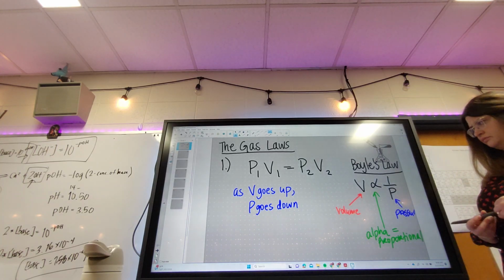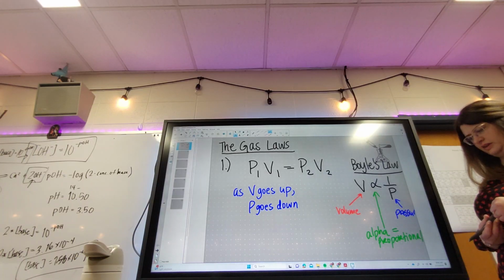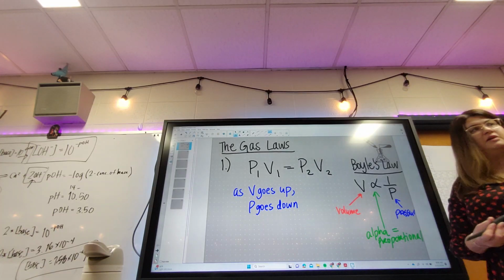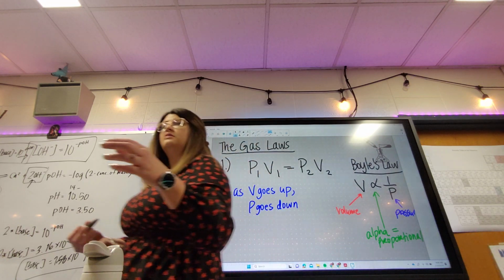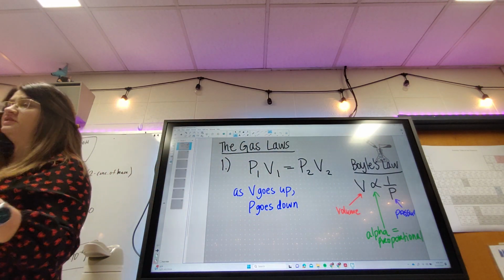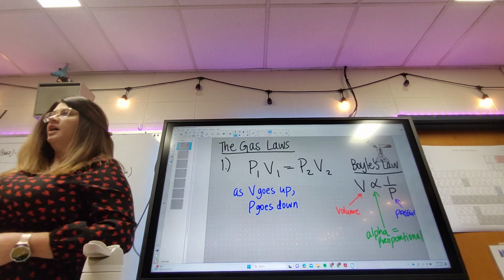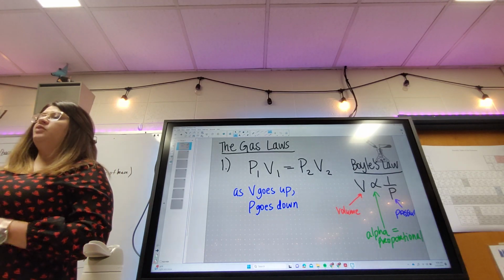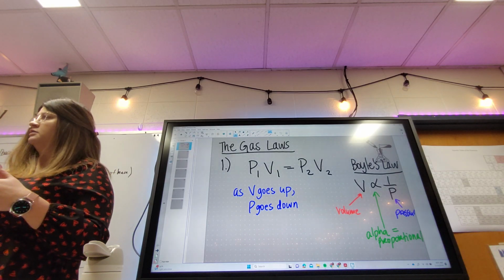So let's see, I'm trying to think of a real life example of this. Okay, so imagine your tire. How many of you do not drive? Okay, so for the two of you, this might not be the most salient example, but for the rest of us, if you drive a car, do you have a sensor in your car that tells you your tires are low on air?